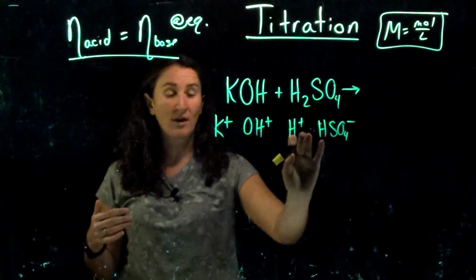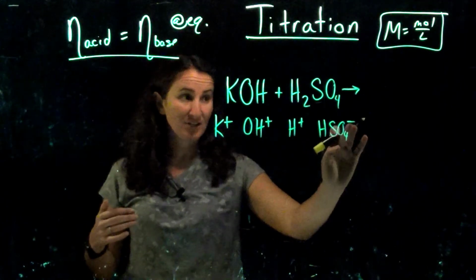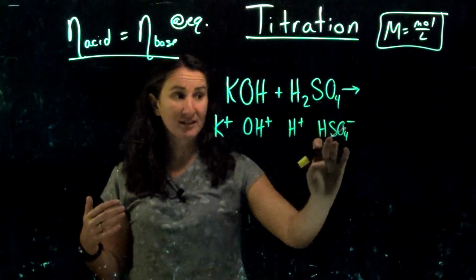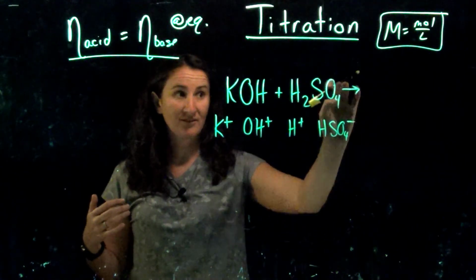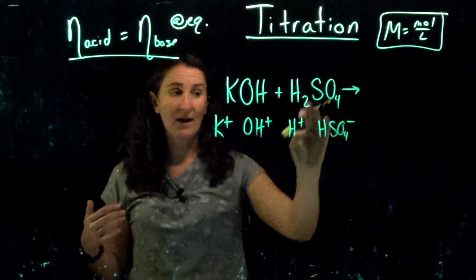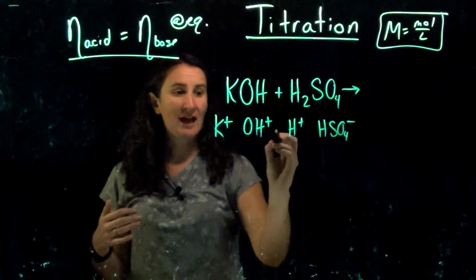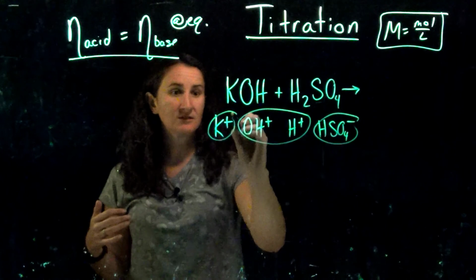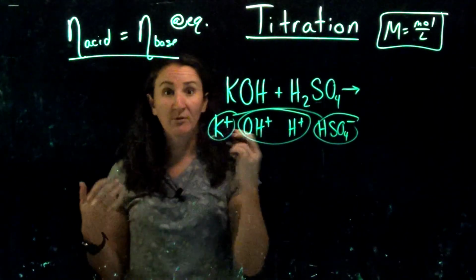Because if you take away 1 positively charged, you're going to get 1 negative left over. Or another way of thinking of it, if we reattach it, your positives and your negatives cancel out to be neutral. All right, so this is what we're looking at, because now these can form water and these 2 can react to form our salt.